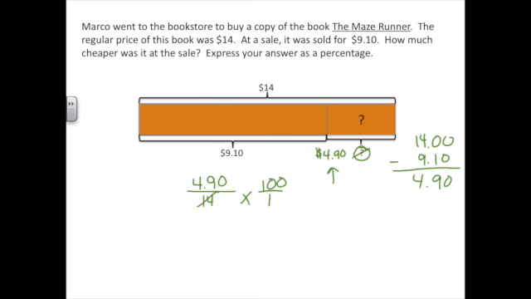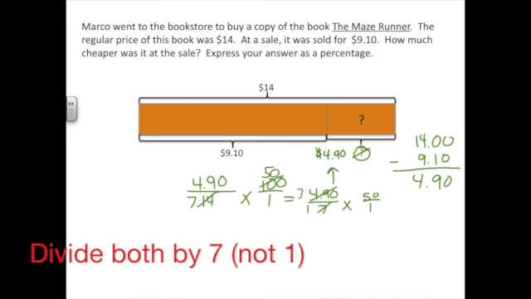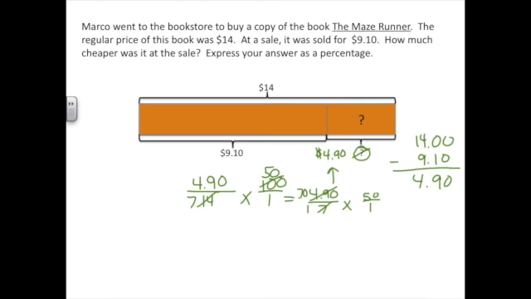Both of these can be divided by 2. And I can then simplify as well, so I'll rewrite it first. So I have 490 over 7 times 50 over 1, and I can simplify this fraction here. I can divide both by 1, so it would become 0.7 or 0.70 over 1 times 50.